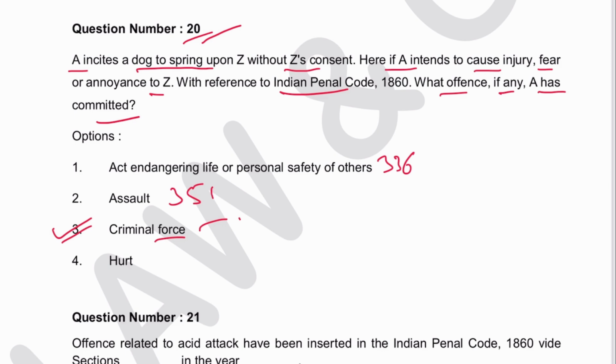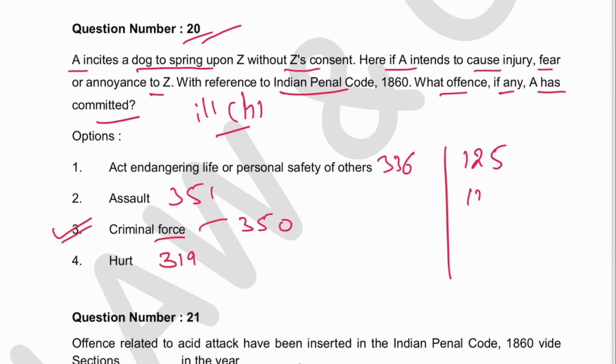Assault 351. Criminal force 350. Hurt is 319 in IPC. And this is illustration H in 350. Now the sections have been changed. This 336 has become 125. Assault 130, criminal force 129, hurt 114 in Bharatiya Nyaya Sanhita.